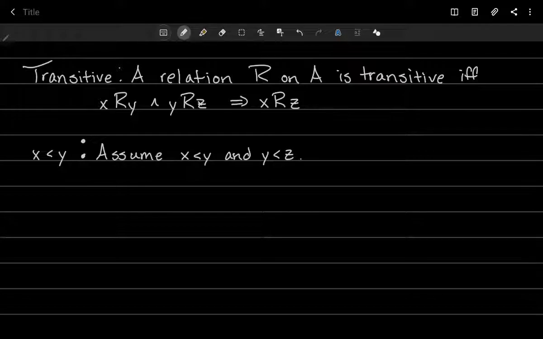That fits the hypothesis of my implication. But think about it. If x is smaller than y and y is smaller than z, this means x is less than z. So we do get transitivity. I can combine them and collapse the middle to just get x less than z. That's what we mean by transitivity.